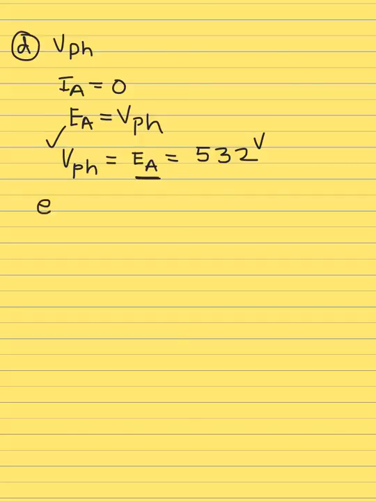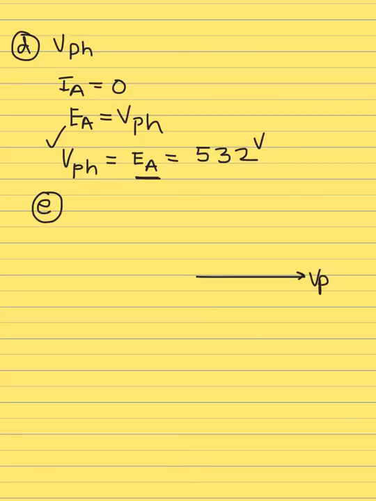Now the last part is part E, and please read carefully. Suppose that the generator is connected to a load drawing 1200 amperes at 0.8 power factor leading. How much field current would be required to keep the VT at 480 volts? Now what we have done is we have changed the load situation to leading power factor.